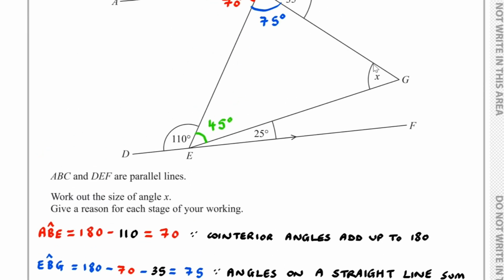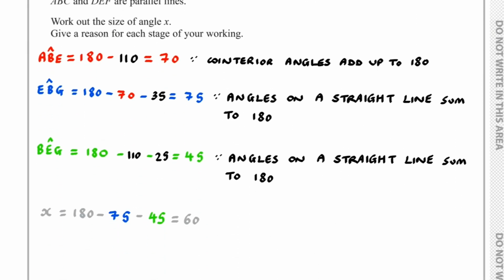So the angle here is equal to 60 degrees, and the reason for this is angles in a triangle sum to 180.